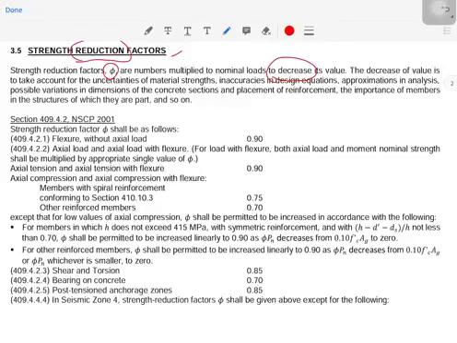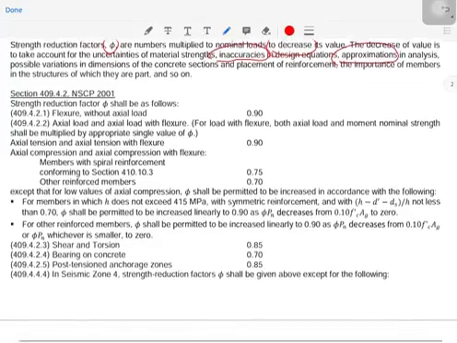That's why it is referred to as the reduction factor. The decrease in value takes into account the uncertainties again. Aside from uncertainties, there are also inaccuracies in the design equations, approximations in analysis, possible variations in dimensions of concrete sections and placement of reinforcement. Okay, so the importance of members in the structure of which they are part, and so on.